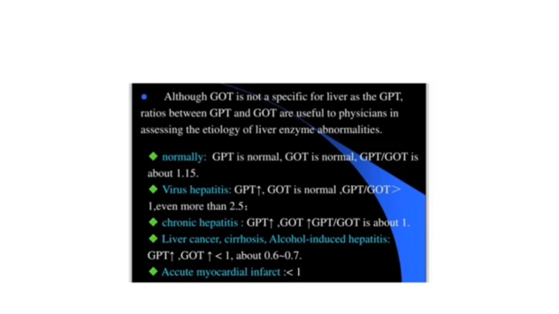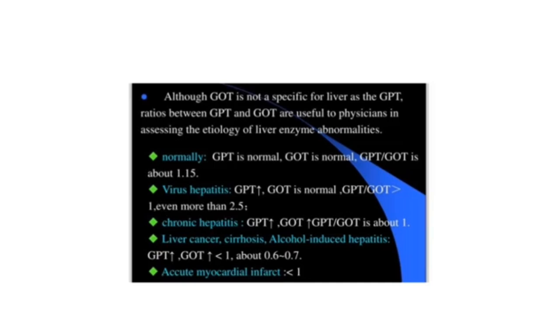Alcohol-induced hepatitis or liver cancer or cirrhosis, but specifically write alcohol-induced hepatitis. Whenever you see AST greater than ALT, then you know that this is a clear case of alcohol-induced hepatitis.